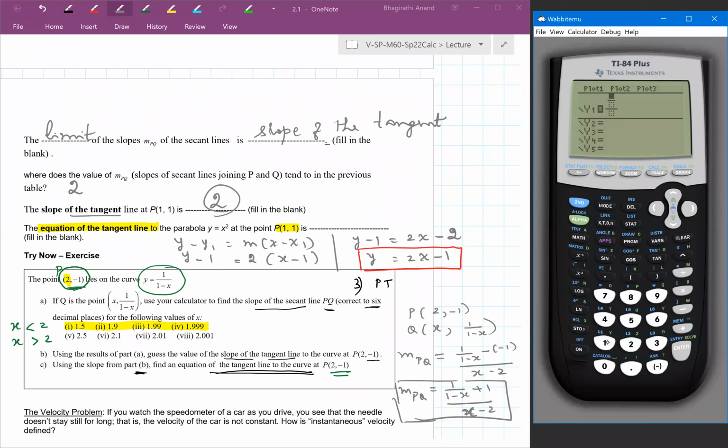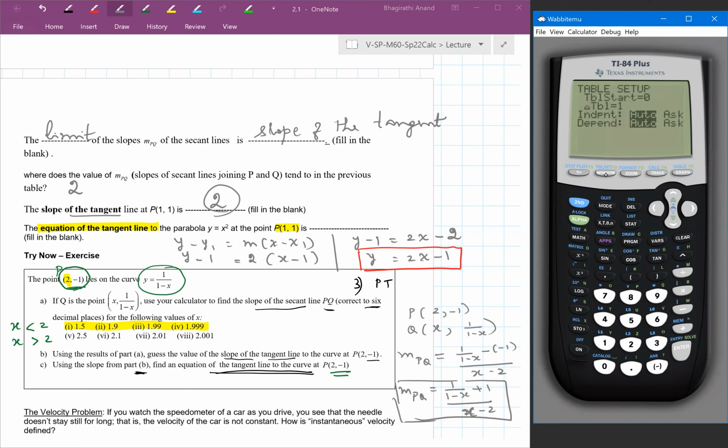On the numerator, I'm going to plug in 1 over 1 minus x, and then come out of it, and then plug in plus 1. That finishes the numerator. Denominator is x minus 2.